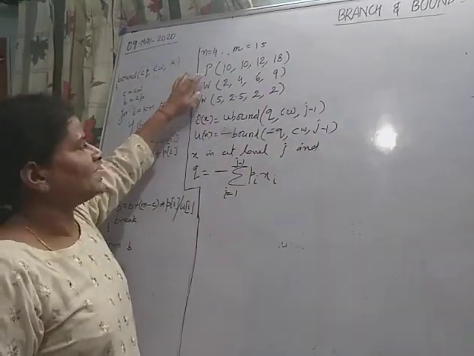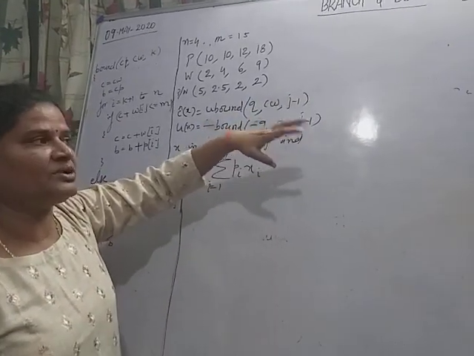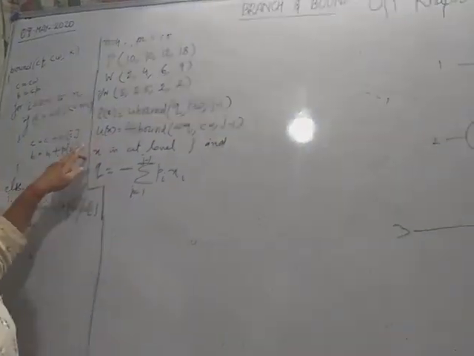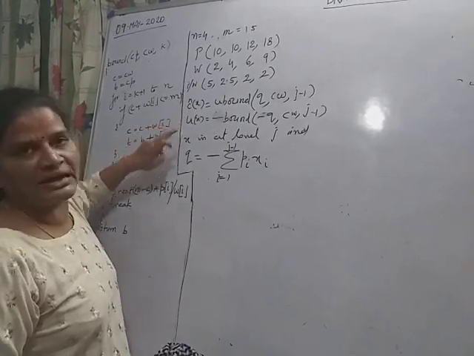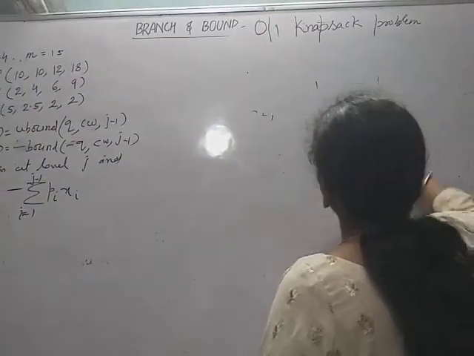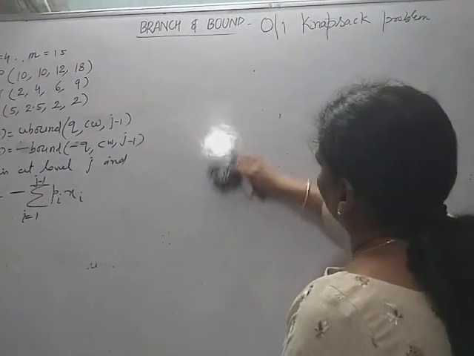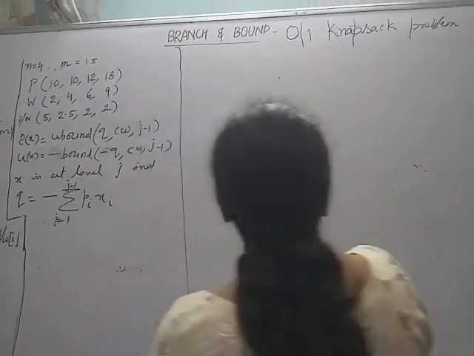For this I will generate the problem live nodes or problem states systematically. For every node I have to compute what? The lower bound and upper bound. And with each node I will maintain the cost.